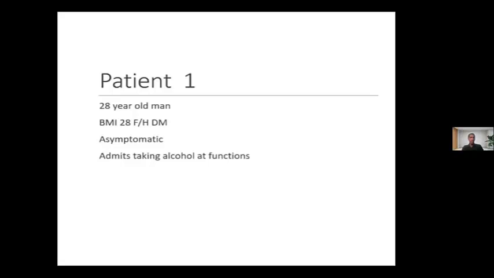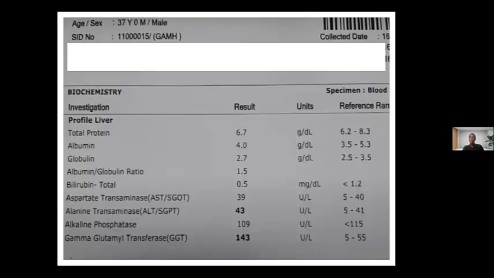Patient one is a 28-year-old man who has a bit of high BMI and a family history of diabetes, but he is asymptomatic and he takes alcohol at functions. I'll give 1 minute to go through these results and then I'll discuss with you. You can think about any possibilities.